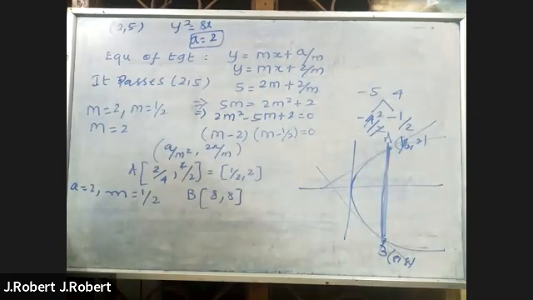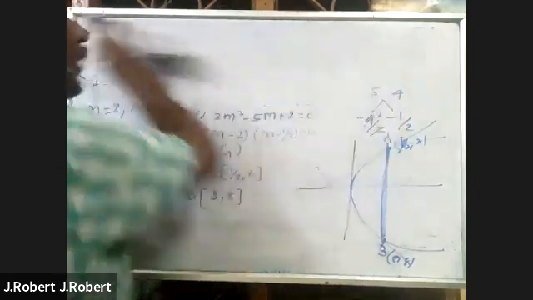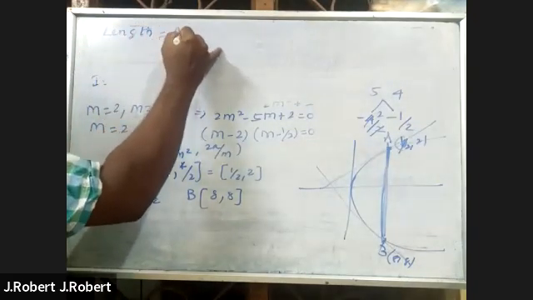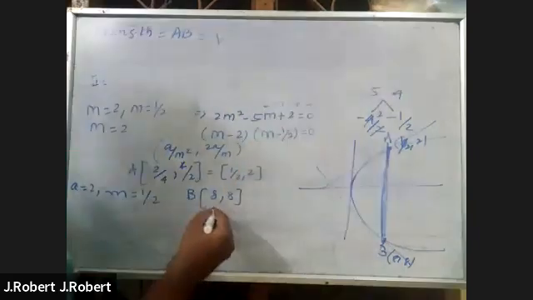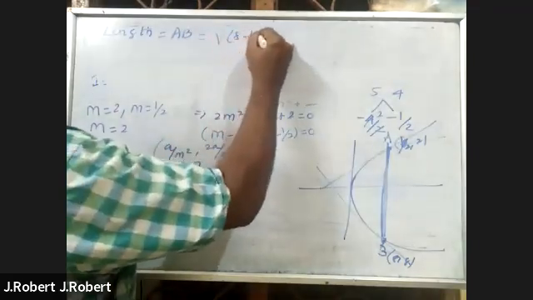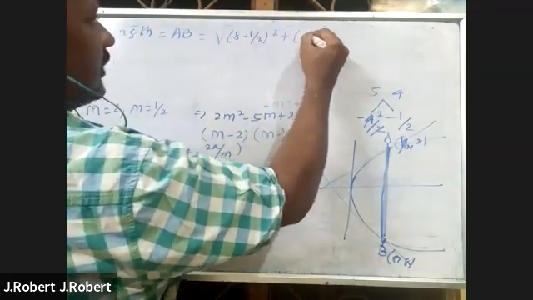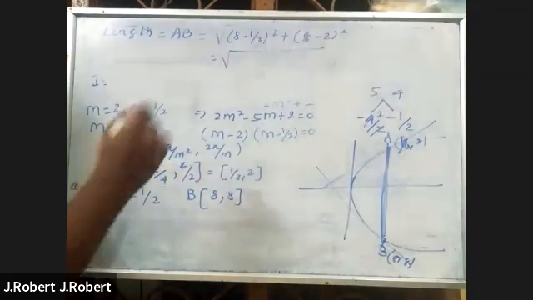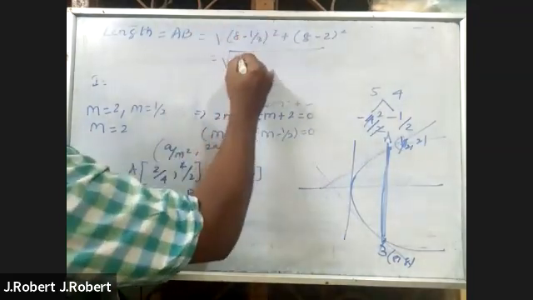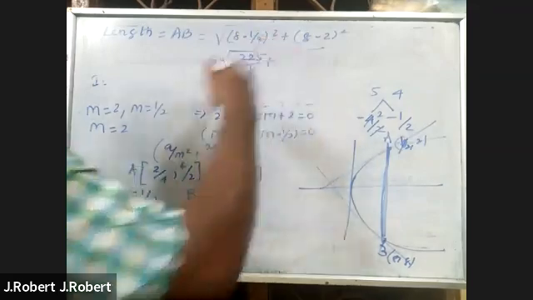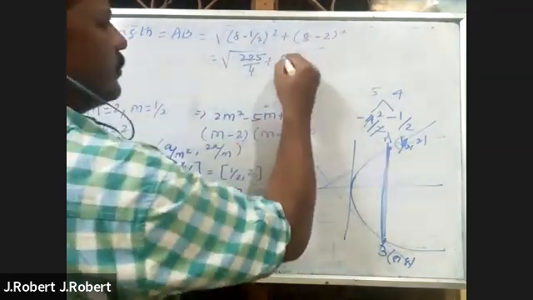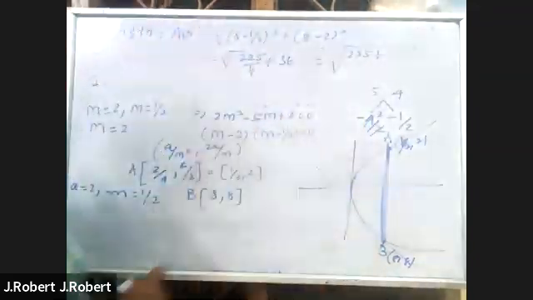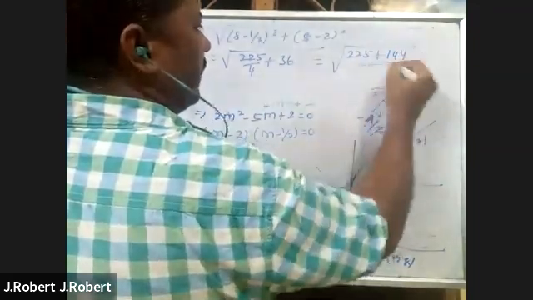We all know the distance formula, square root of x2 minus x1 the whole square plus y2 minus y1 the whole square. Length means AB. So using the formula, 8 minus 1 by 2 the whole square, plus 8 minus 2 the whole square, take LCM, 2 8s are 16, 16 minus 1, 15, 15 by 2 square, which is equals to 225 by 4, plus 8 minus 2, which is equal to 6, 36, which is equals to 144 divided by 4.